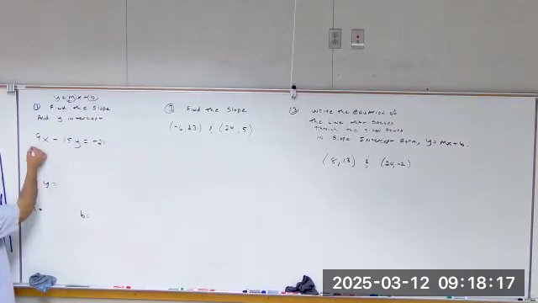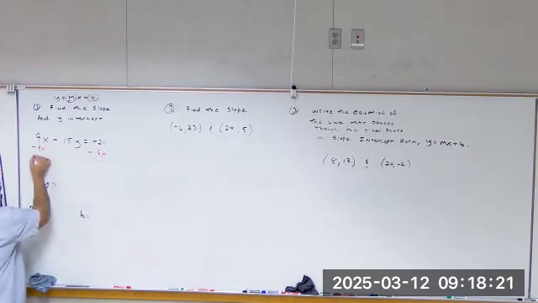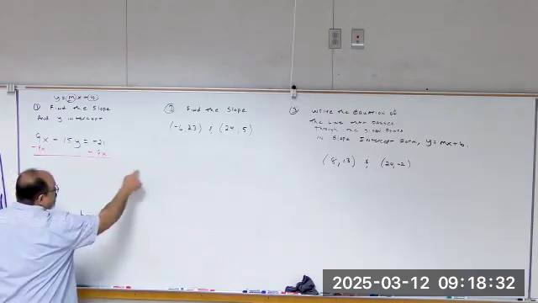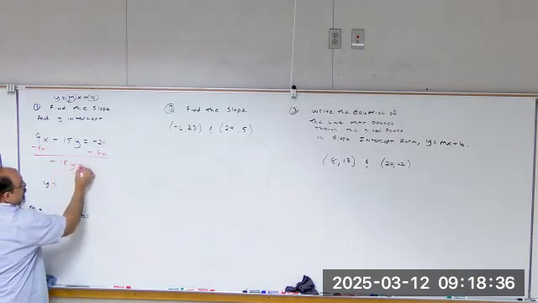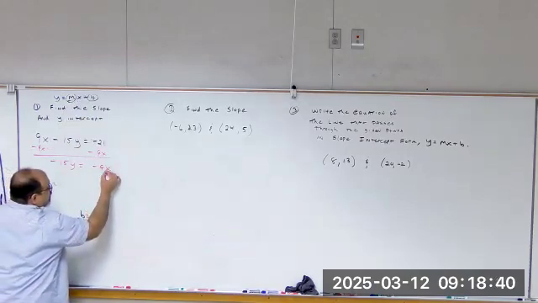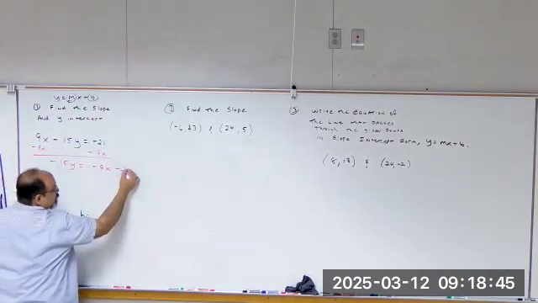Subtract 9x from both sides. Does it matter what order I write this in? It does. mx plus b. The x should be written before the constant. So this is negative 15y equals the x term, a negative 9x, and then plus the constant. The constant's a negative 21, so minus 21.